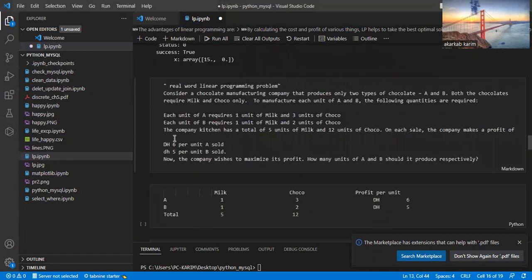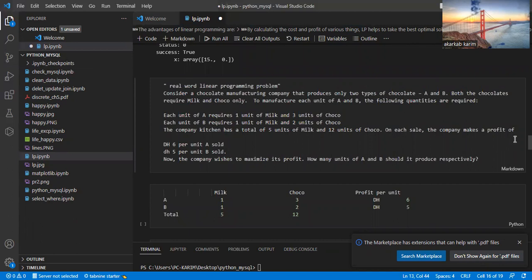Okay, so to create type A, we need 1 unit of milk and 2 units of chocolate. For B, we need 1 unit of milk and 2 units of chocolate. And this is the constraint. We have just 5 units of milk and 20 of chocolate.